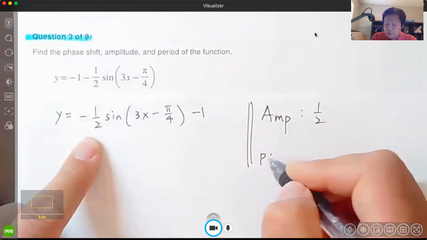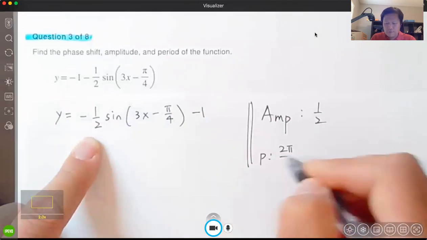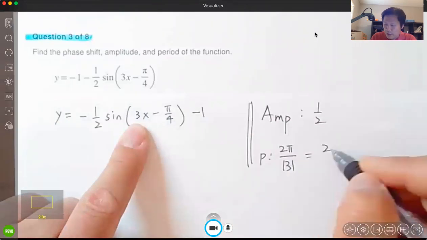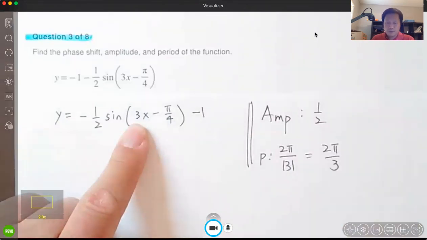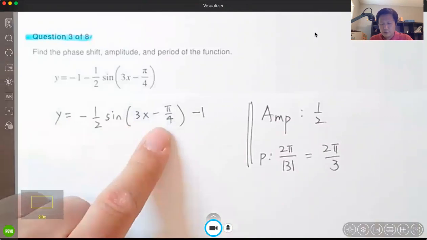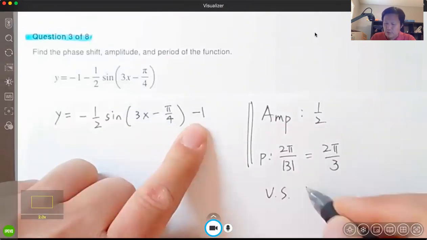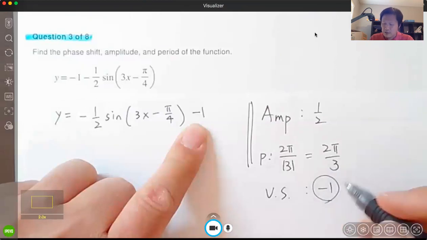Period, 2 pi over absolute value of B. B is 3 here. So 2 pi over 3 is your period. The phase shift is a tough one. Let's do that later. Minus 1 is the vertical shift. Vertical shift, minus 1. I like to say down by 1.